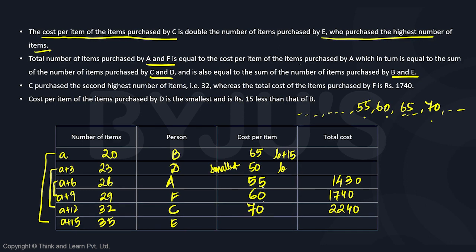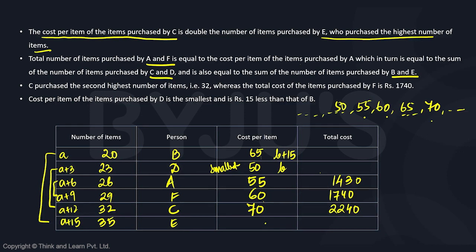So 60 is going to be repeated. If we take B as 40, then this is going to be 55, which is again repeated. If we take B as 35, this is going to be 50, then we need 40, 45, all those values, but only one place is missing. That means we cannot go so low for B. The minimum value of B is going to be 50.